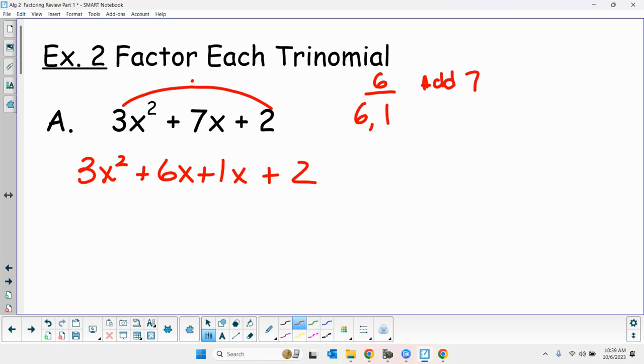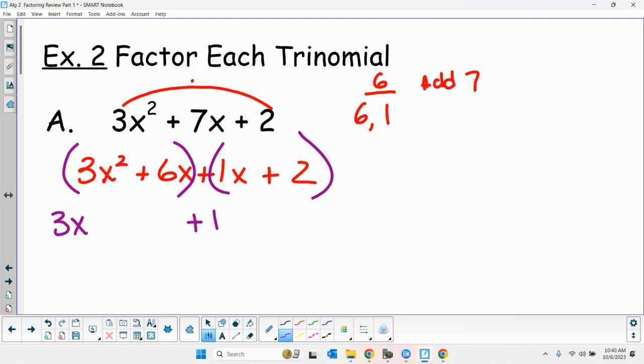Now, we group. All right, what's the GCF or common to the first group? 3x. What's common to the second group? Right. Nothing's common, really, right? But you have to pull a number out. So if nothing's common, you pull the number 1 out, because 1's common to everything.